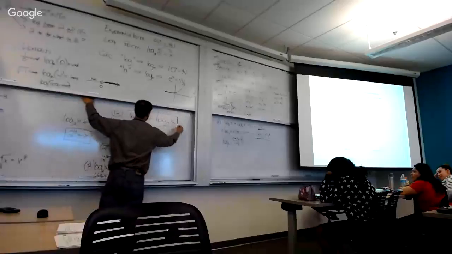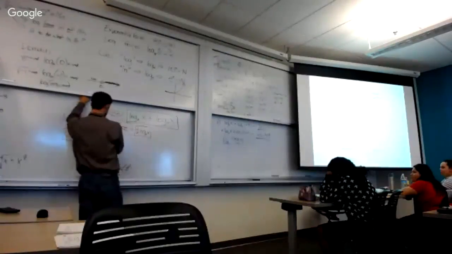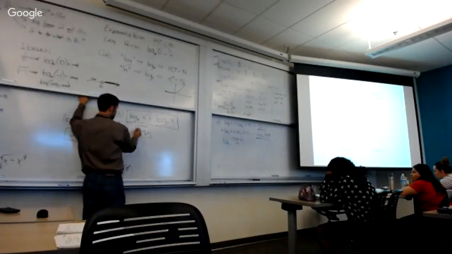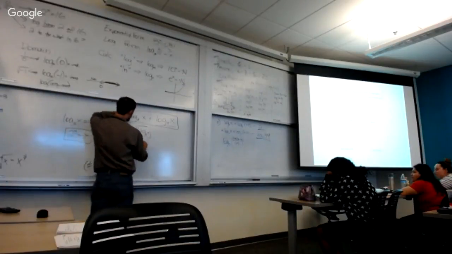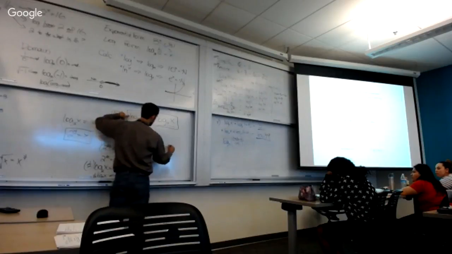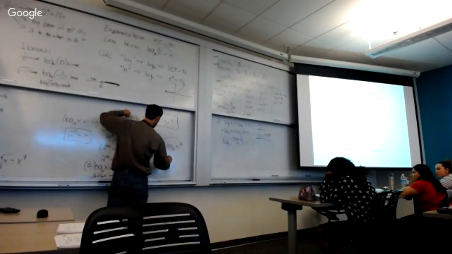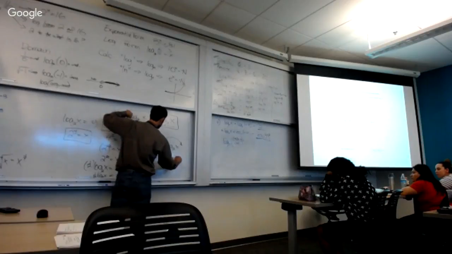But what we just found out is that if you had this, first of all, they're different bases, so you can't add them yet. But I did just find out that log base 4 of x is 1/2 log base 2 of x. So now I can change it into log base 2 of x plus 1/2 log base 2 of x. And now I do have the same base, so I push that 1/2 onto the top, so that's log base 2 of x plus log base 2 of x to the 1/2.